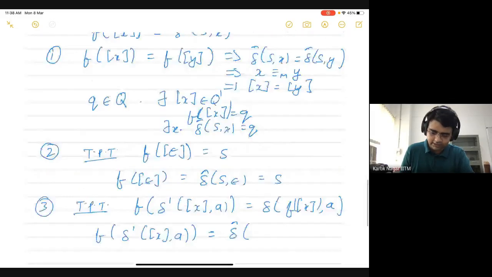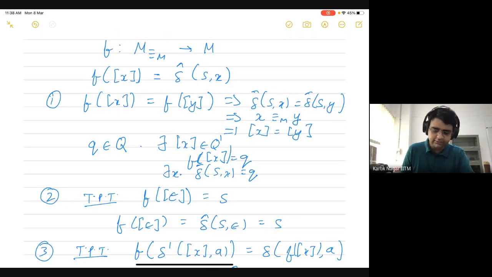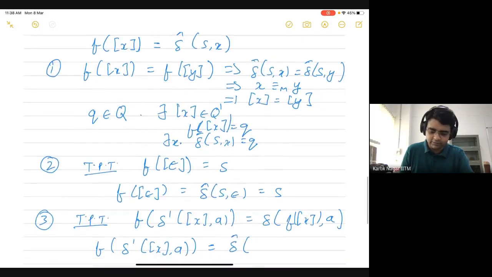Let's look at how we have defined f of a particular equivalence class: f of an equivalence class is defined as delta hat of s comma x.